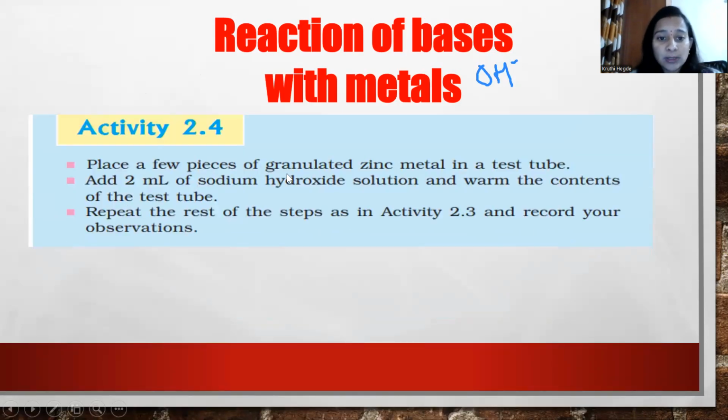Activity: place a few pieces of granulated zinc metal in a test tube. Add 2 ml of NaOH, sodium hydroxide.